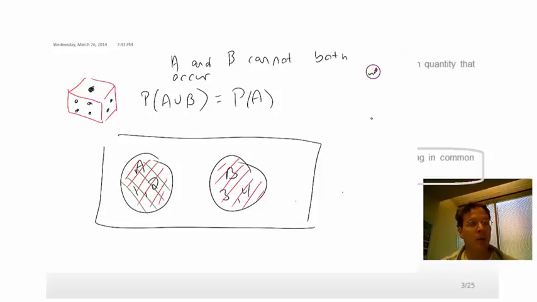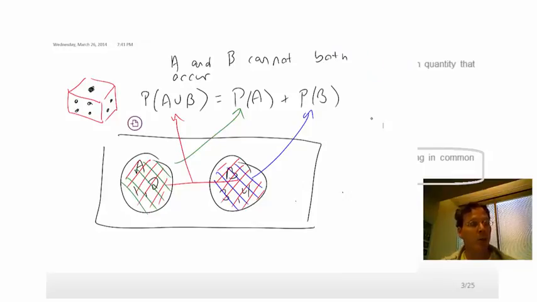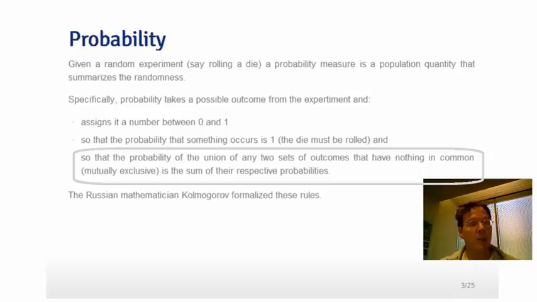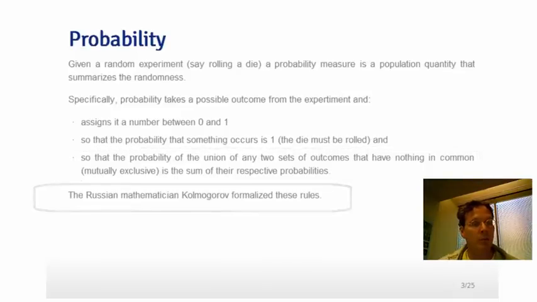The probability of the union that I get a 1, a 2, a 3, or a 4 is the sum of the probability that I get a 1 or a 2 plus the probability that I get a 3 or a 4. It turns out that these simple rules are all that are necessary to generalize to all the rules that we think probability should follow, and this was discovered by the Russian mathematician Kolmogorov.